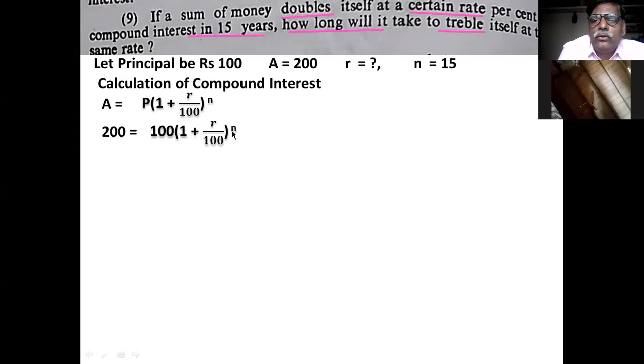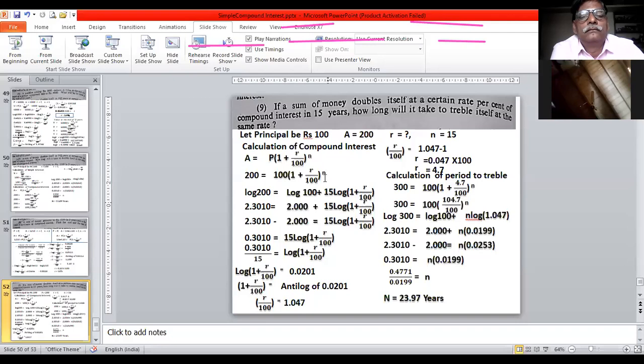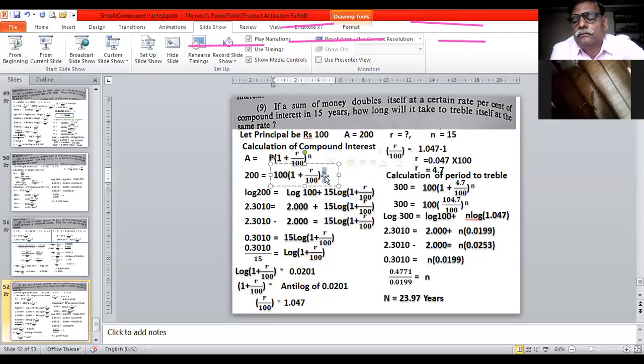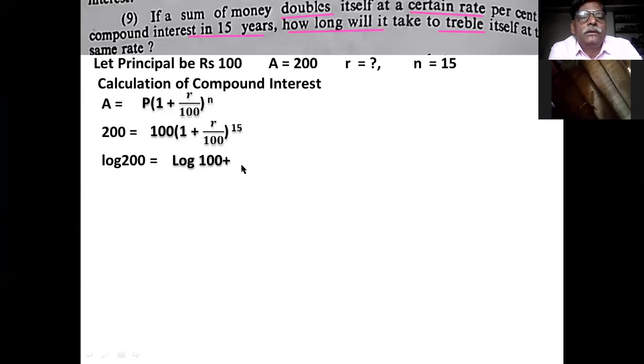And this is the last solution. Okay, last step, apply the log here. Log 200 is equal to log 100 plus N, and N is 15 here, so 15 log (1 plus R by 100).